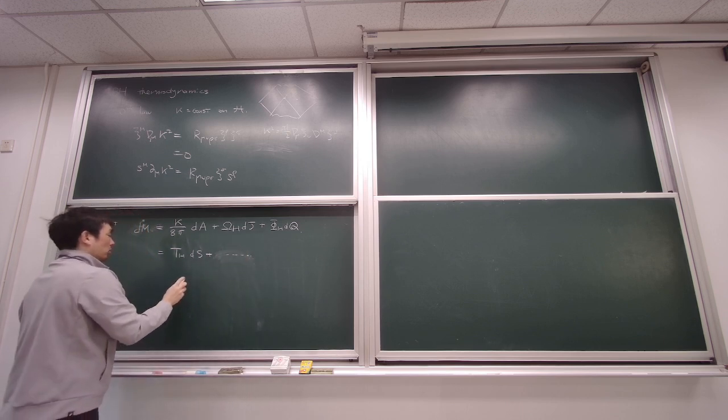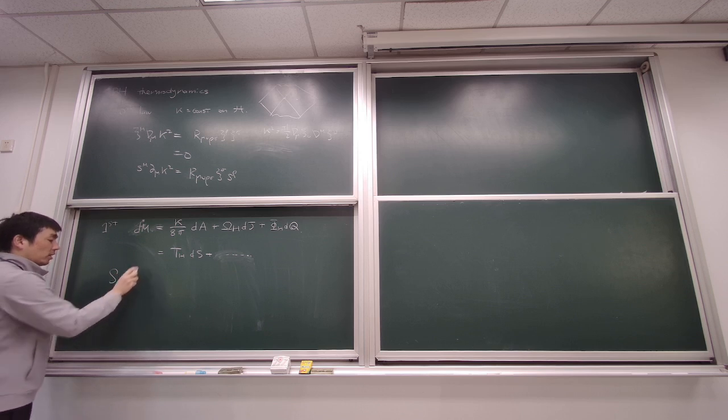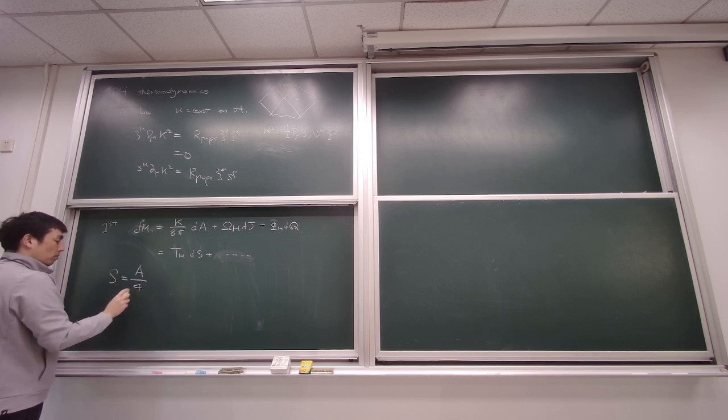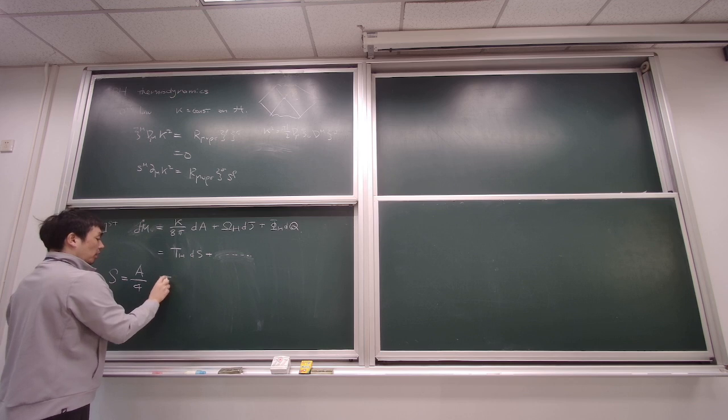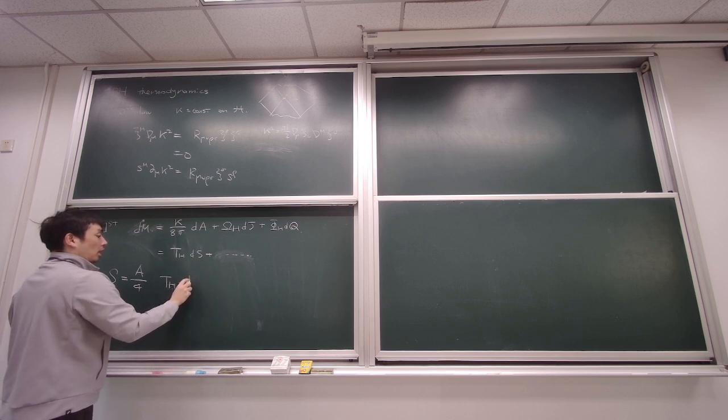So S is of course A over 4, T_H is kappa over 2 pi.